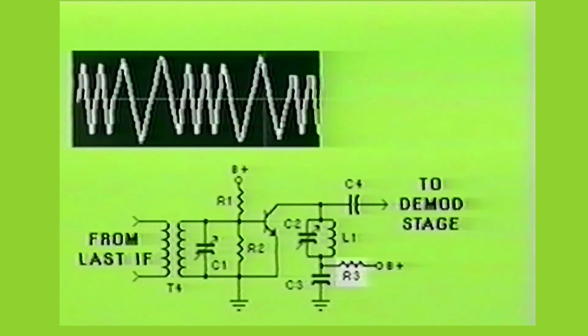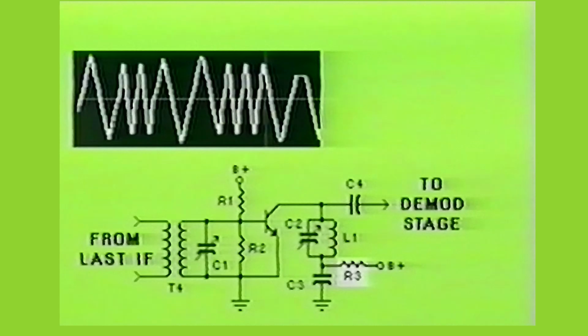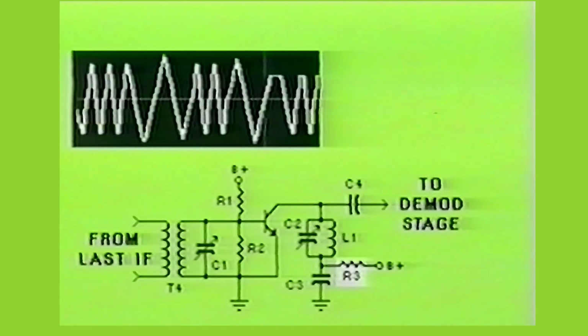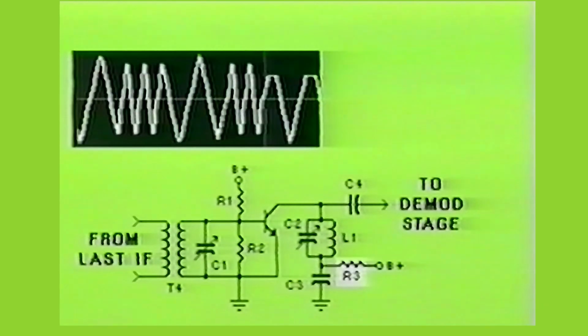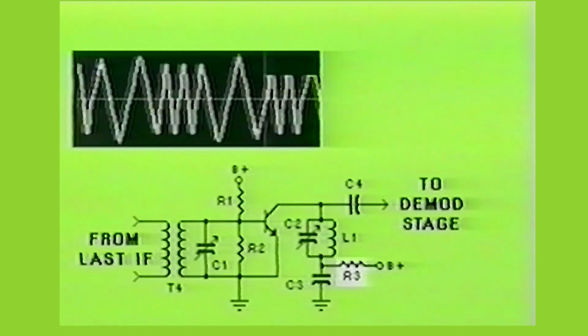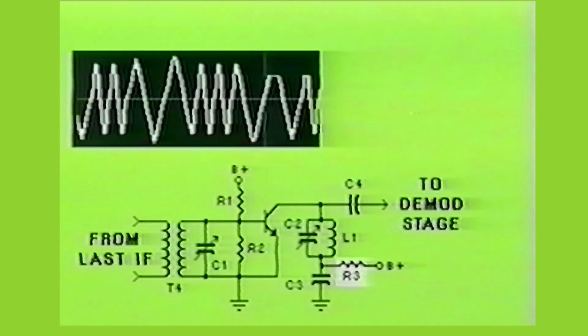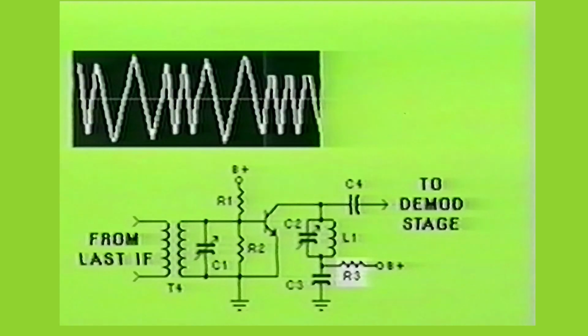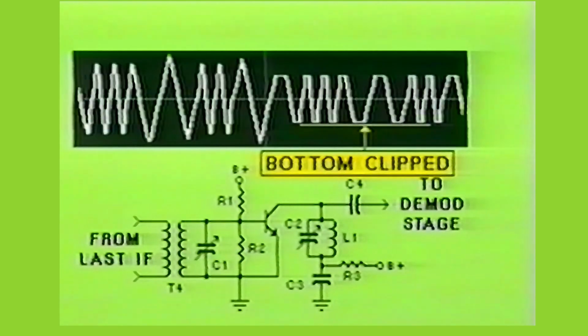As the voltage drop increases across resistor R3, it decreases the collector emitter voltage of the transistor. The collector voltage at this point drops to almost zero, even though the positive bias at the base of the transistor is still increasing. This results in the bottom of the waveform being clipped.